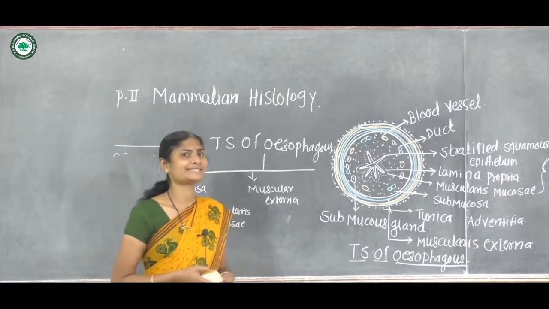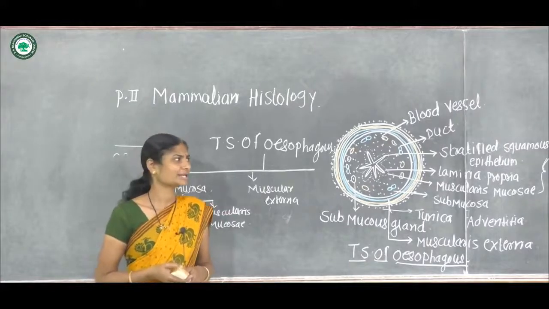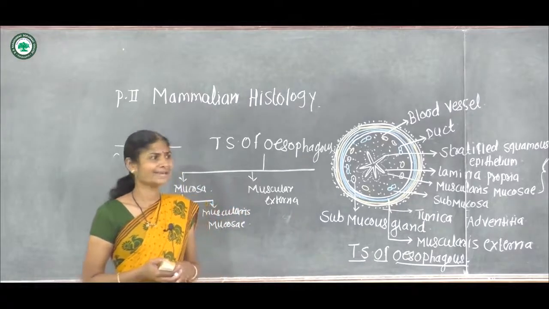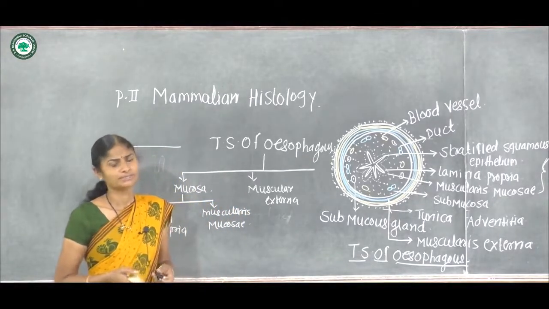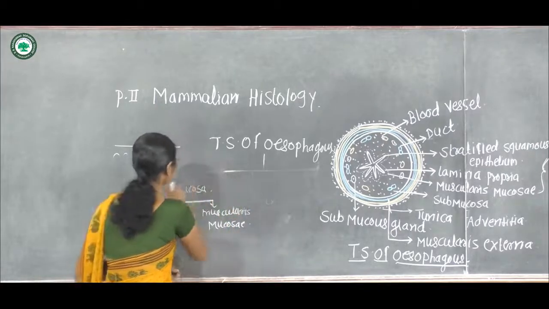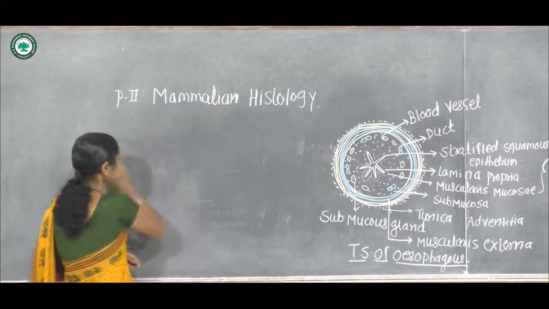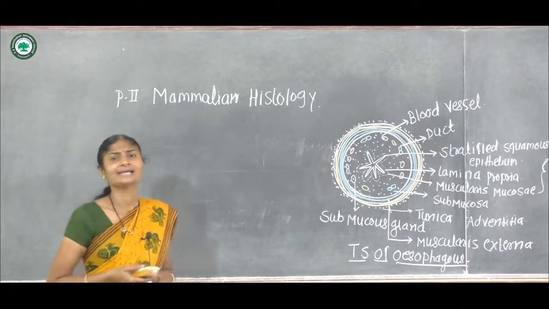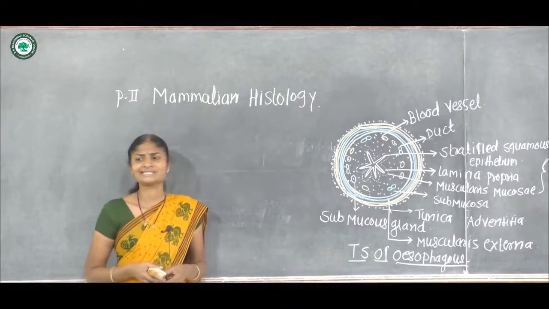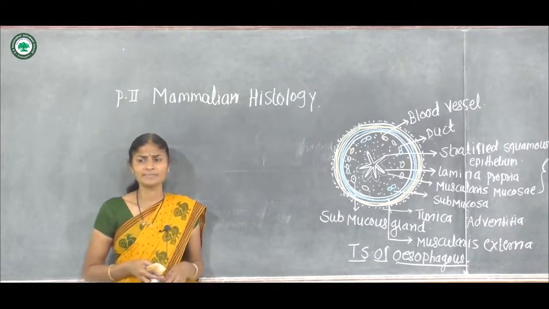Next point is distinguishing features of the esophagus. The esophagus differs from other alimentary canal organs with special distinguishing features. First, the mucosa layer is folded. Second, the mucosa layer is lined by stratified squamous epithelium.